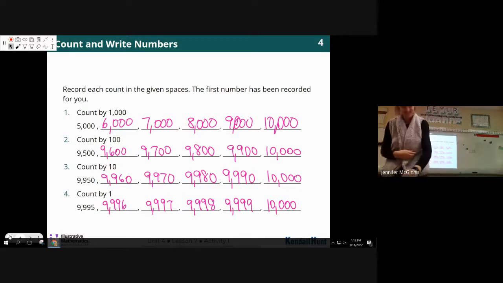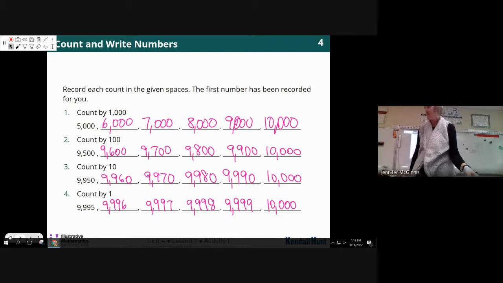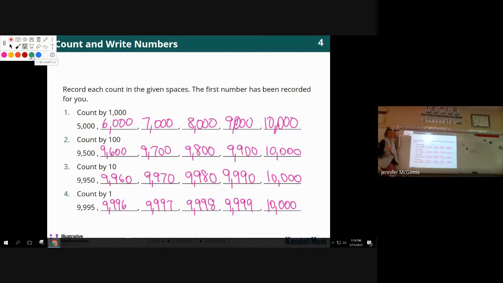Raylan? It all has 6. There's 6,000 and then 600 and then 60 and then 6 ones. So we got a 6 here, 6 here, 6 here, 6 there.